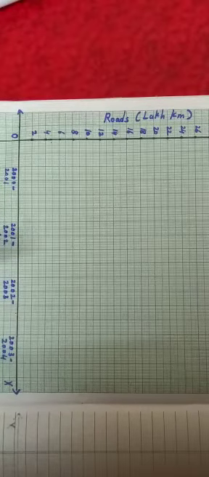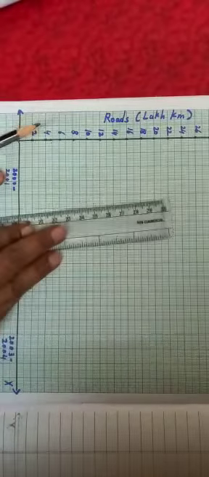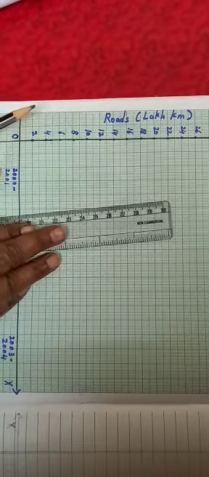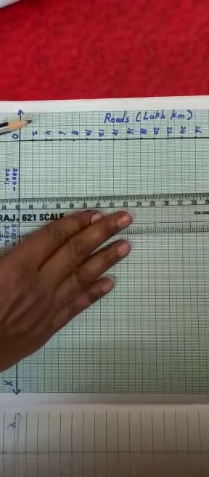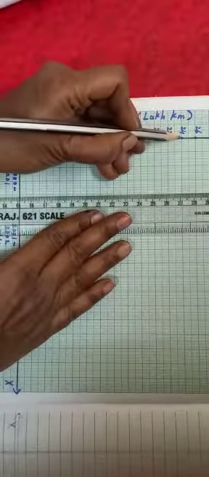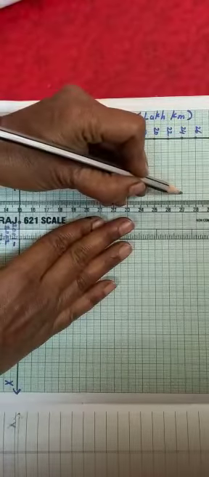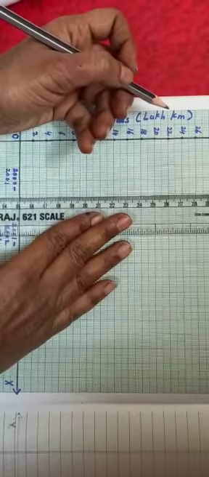So see here, 2000 to 2001. First one, as I said, 24 we have to mark. Now 24 is here. I'll just show it to you like this.